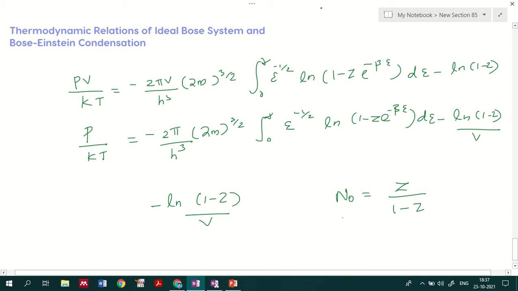From that I can write n0 minus n0 z equal to z.